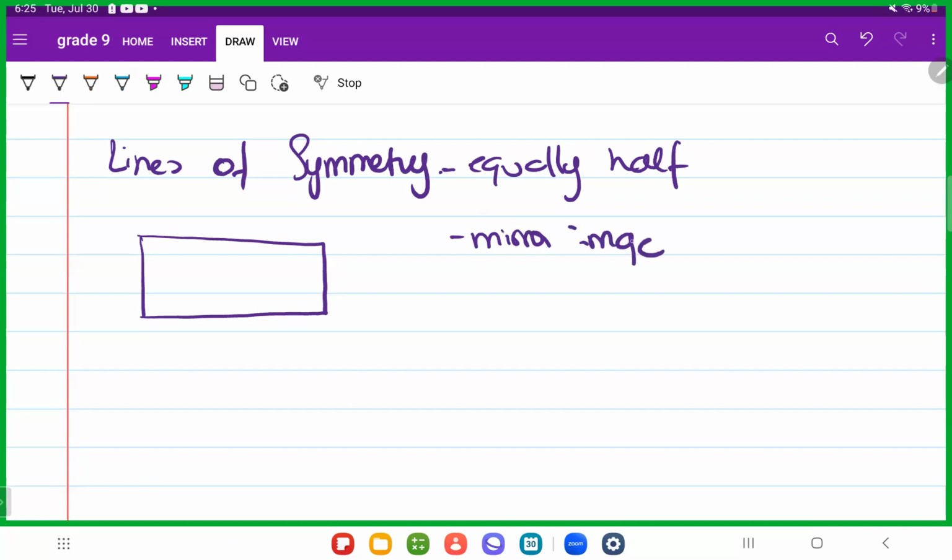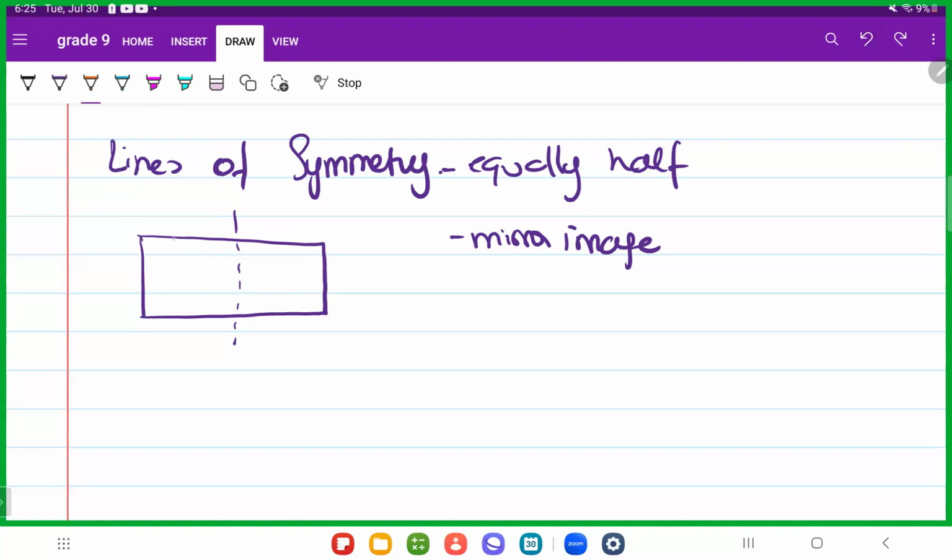So this is my rectangle and this is my line of symmetry. This means that I can fold this rectangle in half on this line, which would mean this side and this side would be completely equal to each other. The angles and everything will be completely equal, right?